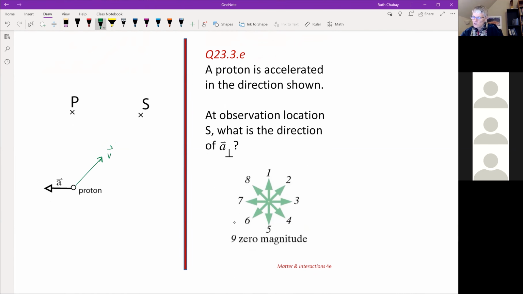Very good. So 8 is correct. We draw this perpendicular line here, and we find that the component of A perpendicular to that points that way.